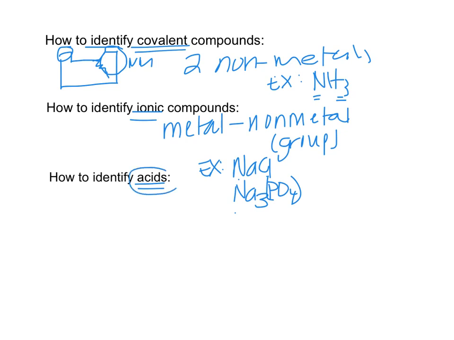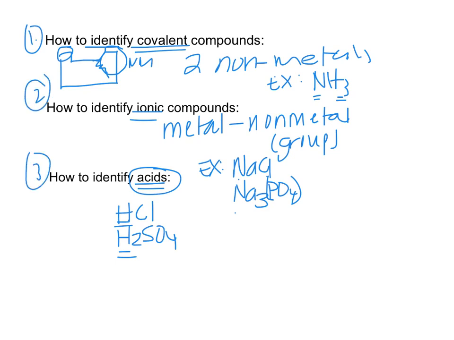And then lastly, what's probably new for us are acids. These are compounds that are going to begin with hydrogen. So if they're starting with an H, you're going to use the acid nomenclature. So it's really important to keep these 3 systems separate, and use these techniques to know which system you're working in: covalent, ionic, or acids.